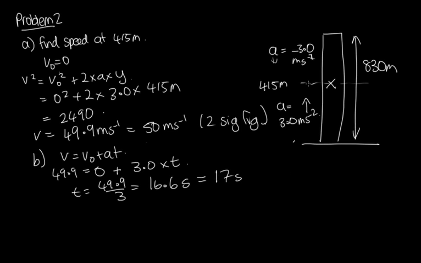But that's the time to halfway. Now at halfway, we're travelling at 49.9 meters per second upwards, but at the top, when we get out of the lift, we've stopped, so we're at 0 again, but we have this acceleration here.